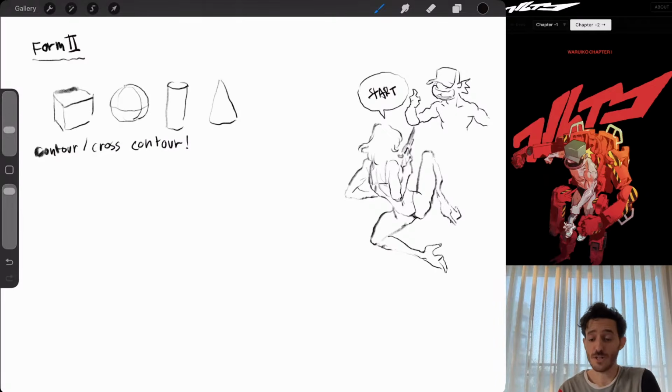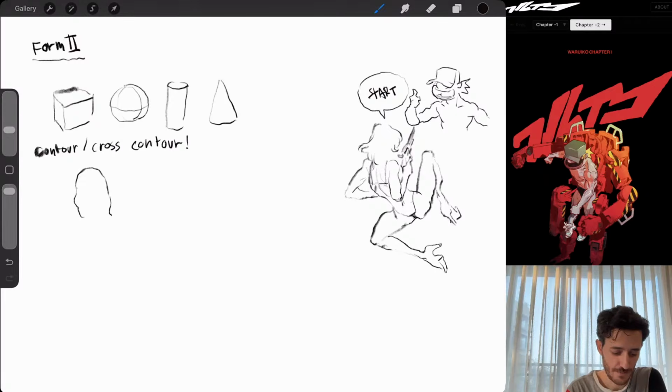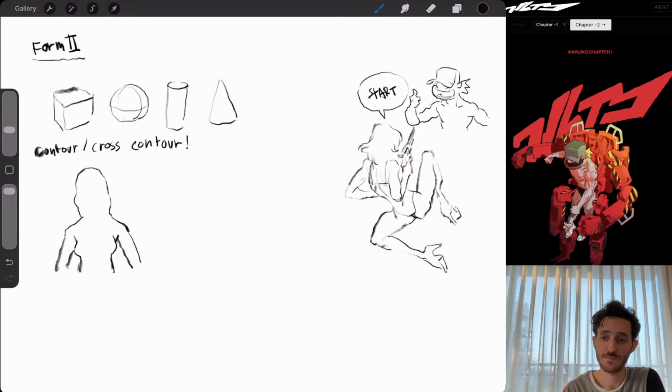All right, so contour and cross contour. If you draw a person, you would have what we call the silhouette of the person, right?